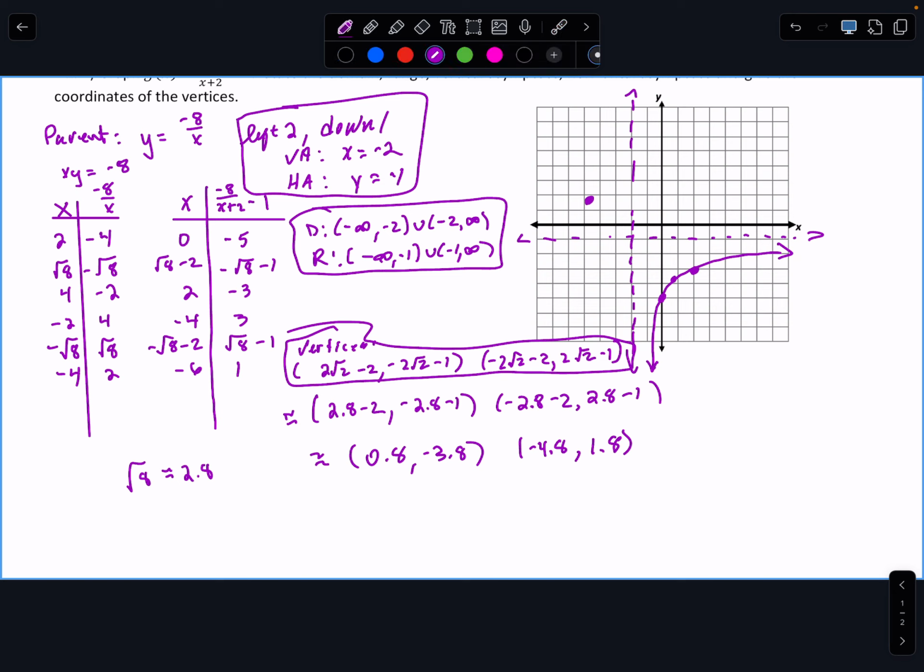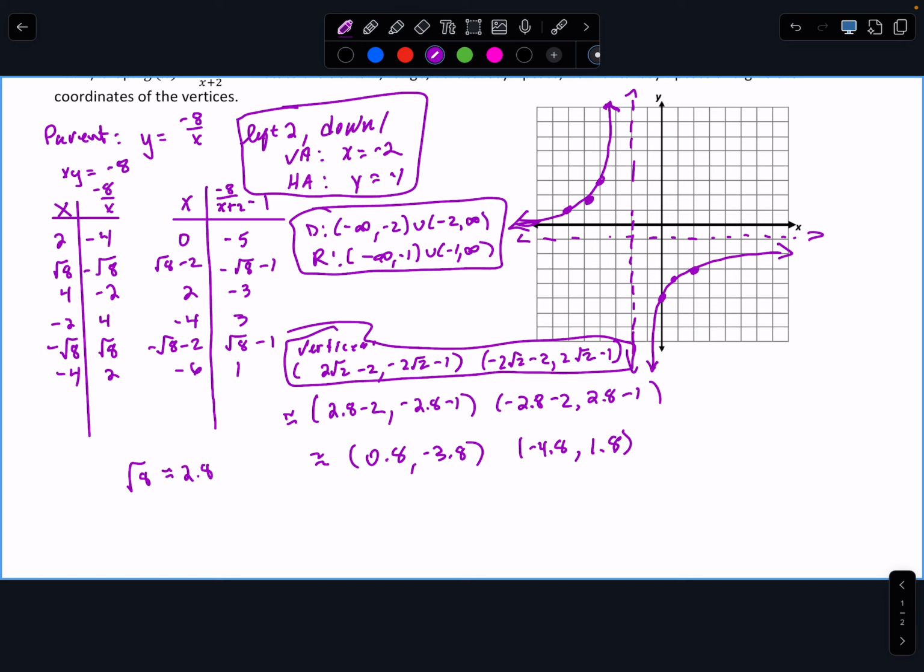So -4 and then 3, and -6, 1. So there are my three points on the other branch. And there we've got the hyperbola graphed.